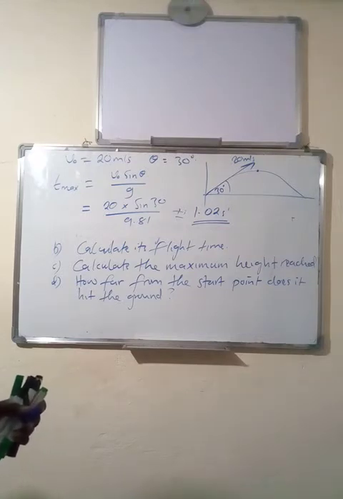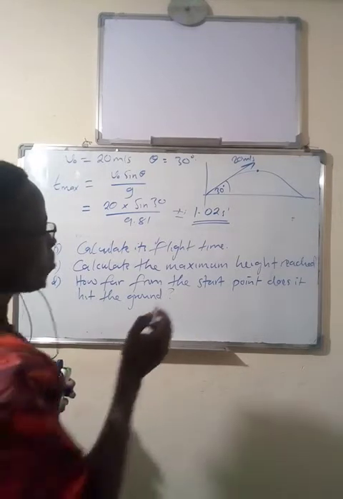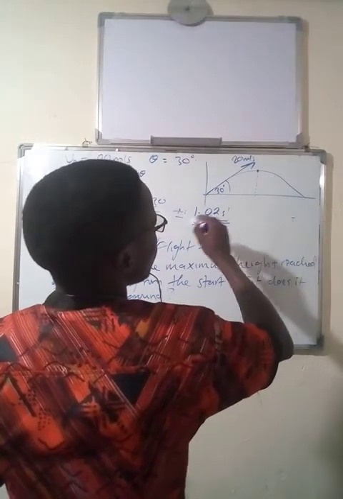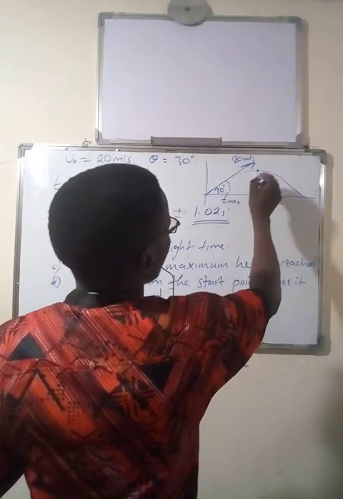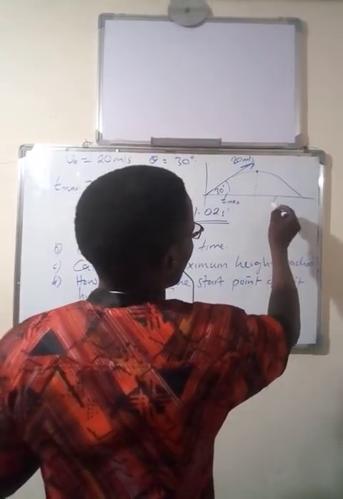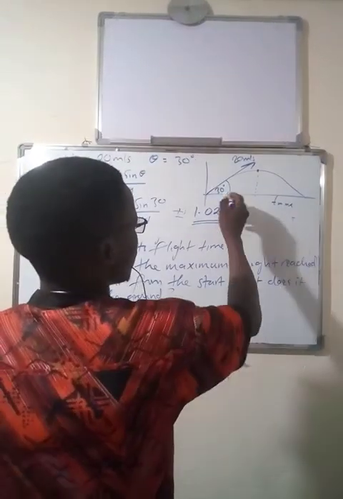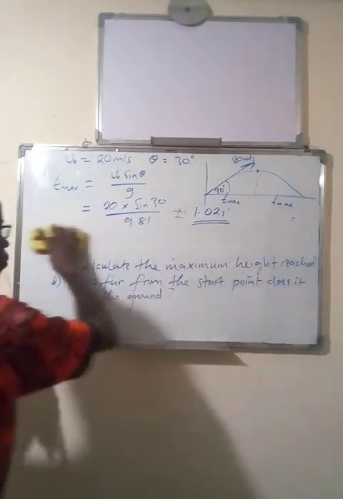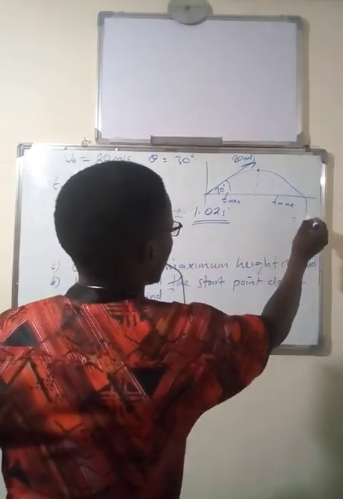Then, this says calculate the flight time. Remember, if we cut this graph into two, this part is T max. For it to reach this point, that is T max. Now this side and this side are equal, so this side is also T max. So the total time it takes is just double T max. We are saying that T range, the flight time, is the time it takes to cover the range from there up to there.